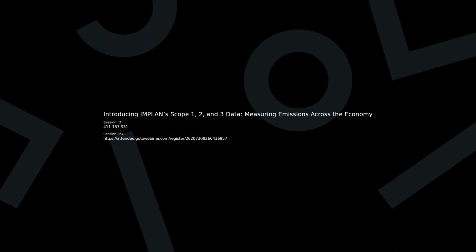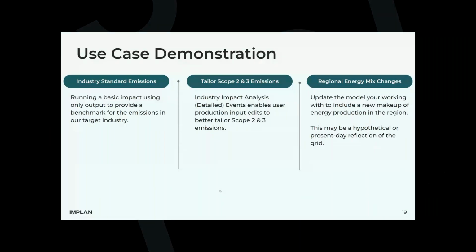We'll run a basic impact using only output to provide a benchmark for the emissions in that targeted industry. Then we'll move on to actually making edits to the inputs that that industry is purchasing to allow us to really tailor that scope 2 and 3 emission based on the input purchases by that industry.